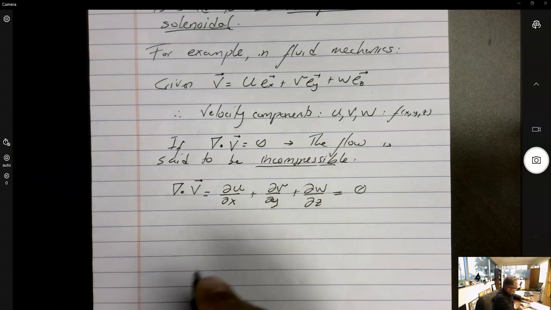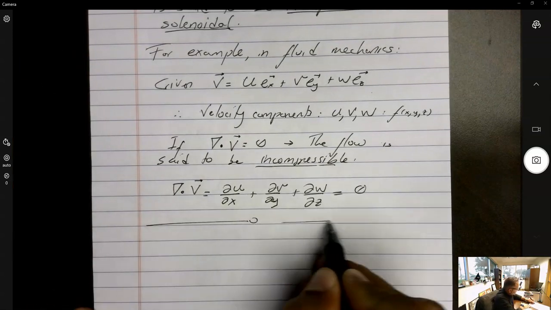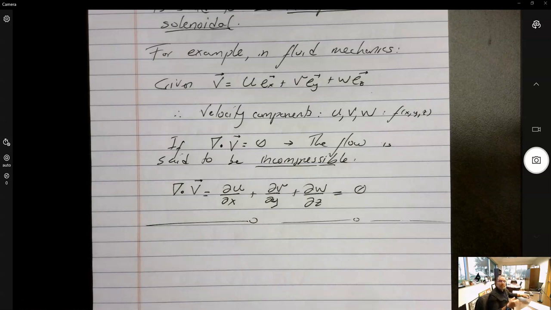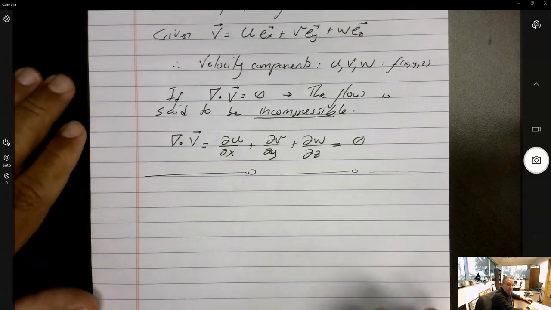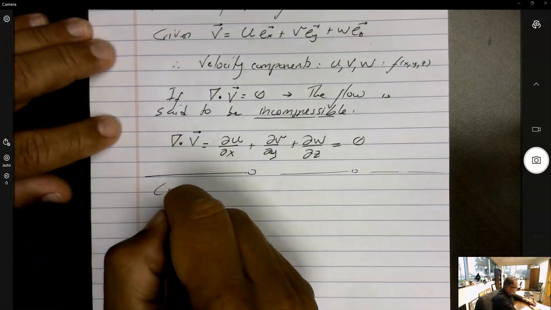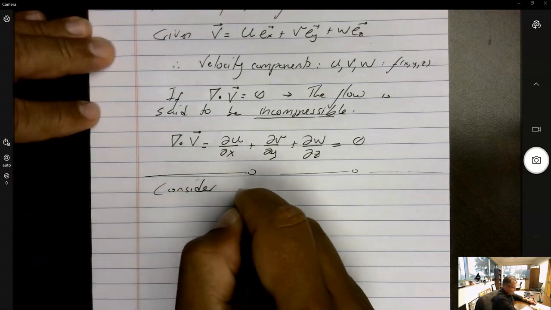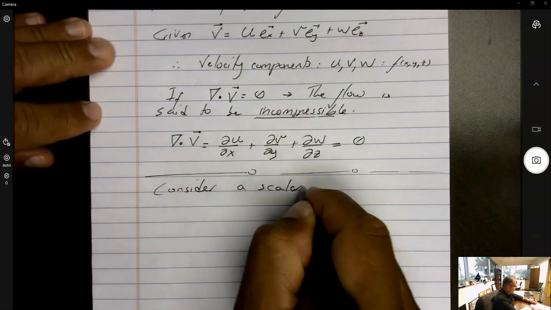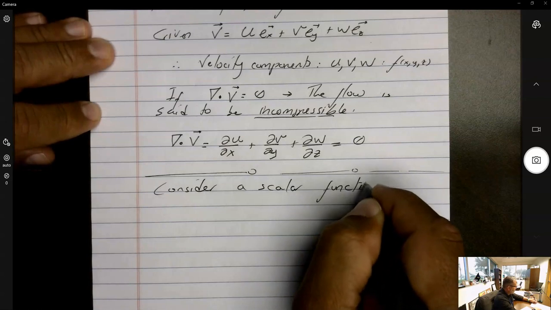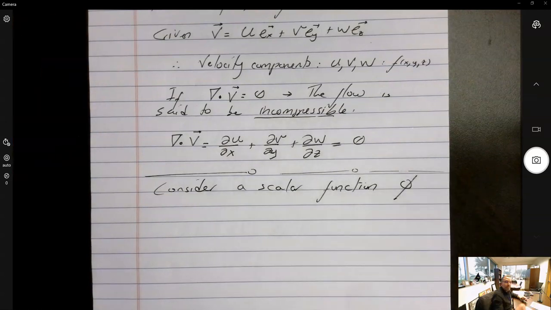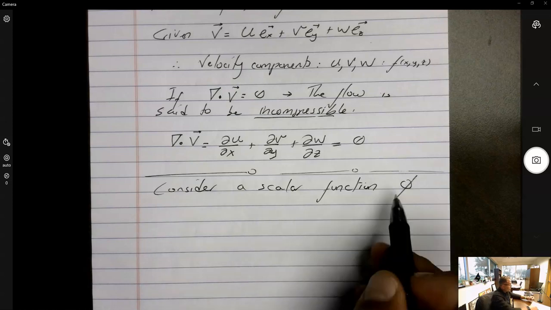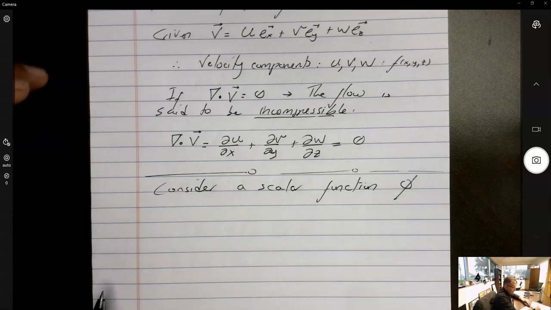Now on a separate note, some consequences of these definitions of divergency and gradient and so on. Consider a scalar function phi. The scalar function could be the temperature, it can be any scalar function, it can be the potential, the gravitational potential. Actually, this is a common name for the gravitational potential.